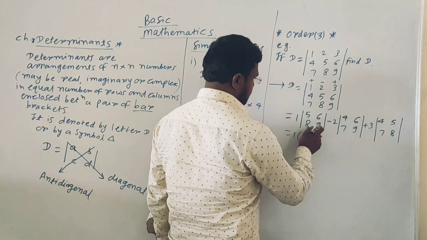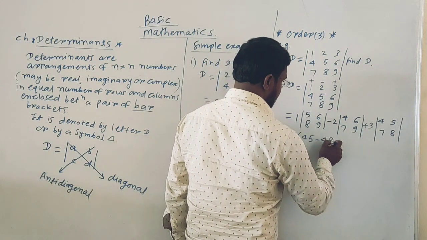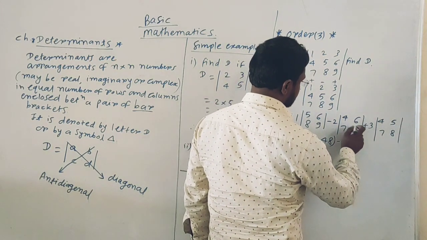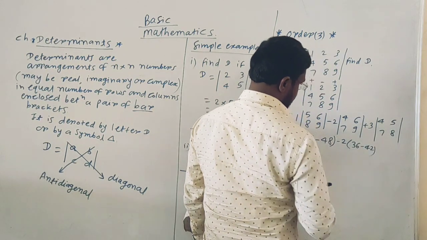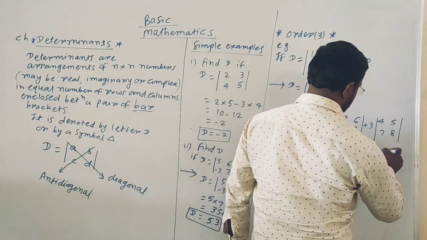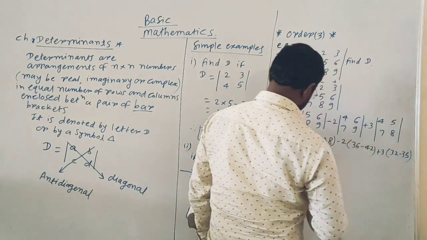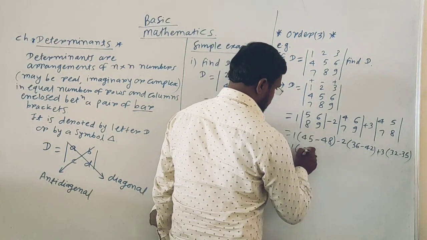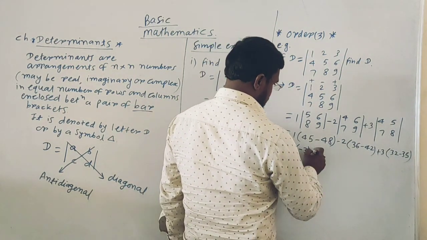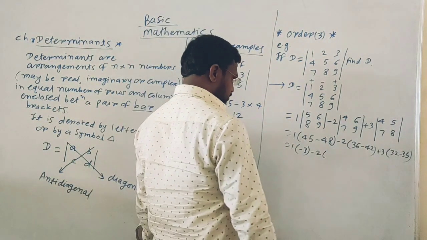1 in bracket 45 minus 48, minus 2 in bracket 36 minus 42, plus 3 in bracket 32 minus 35. What is the answer of this? 1 in bracket minus 3, minus 2 in bracket 36 minus 42.